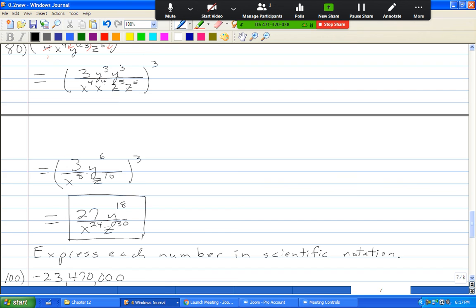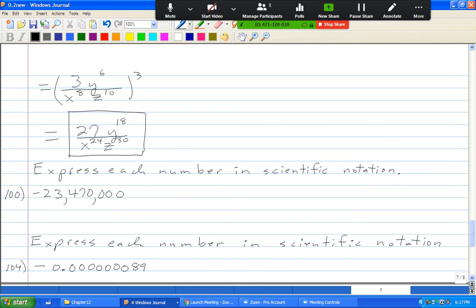Let me do problem 100. Express each number in scientific notation. So, to do scientific notation, you determine the leftmost non-zero digit. Put a decimal. Write every digit, ending at the rightmost non-zero digit.